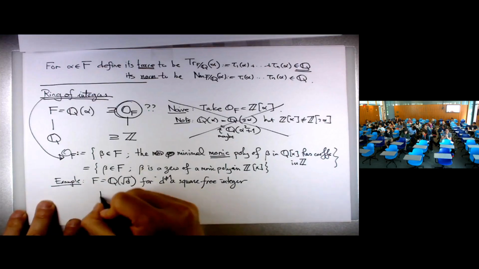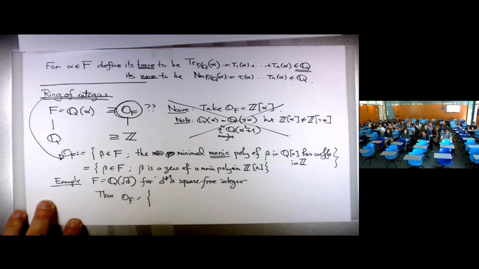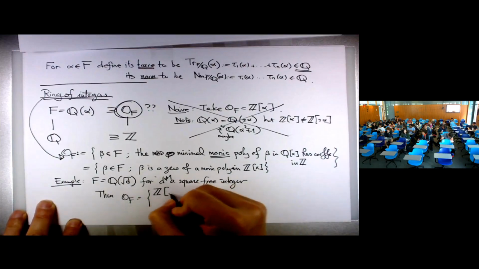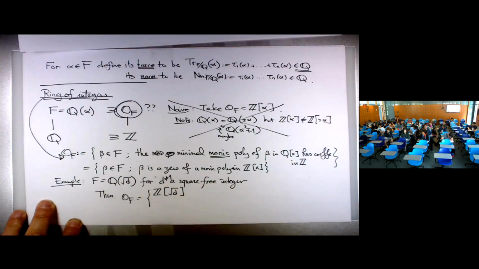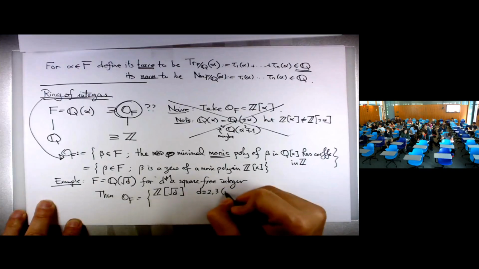So then the ring of integers in this case is, for most of the cases, Z adjoin root of D, where D is congruent to 2 or 3 mod 4.